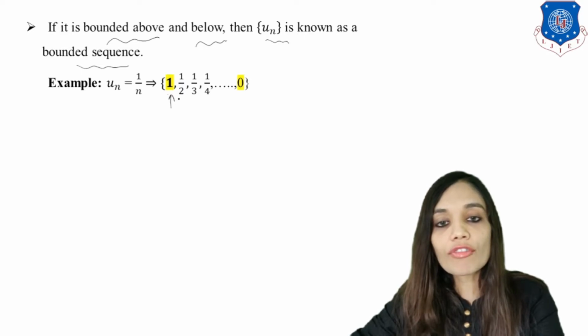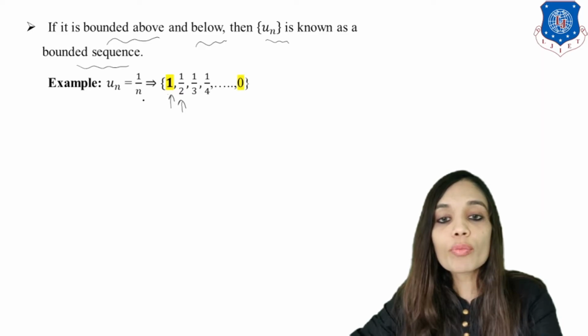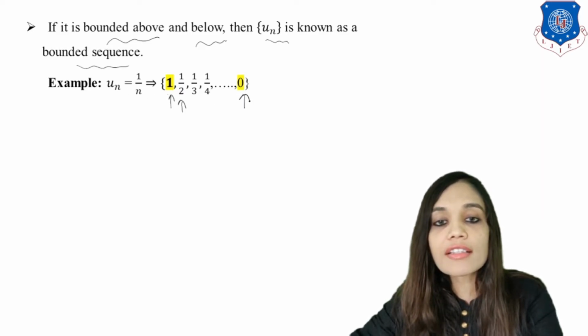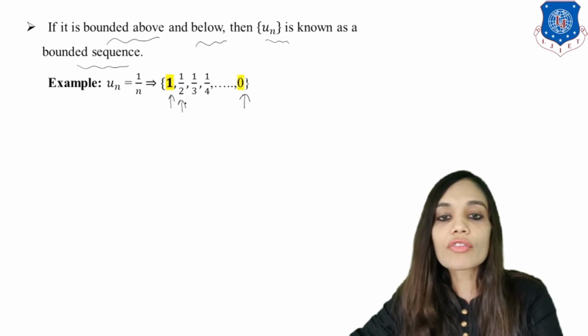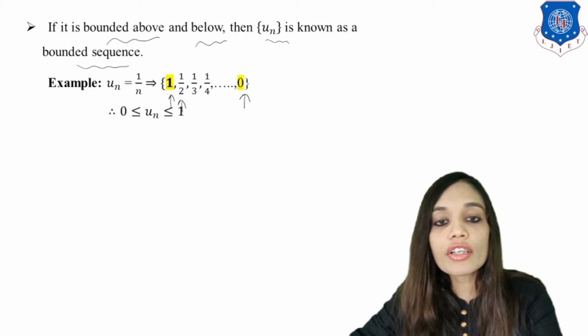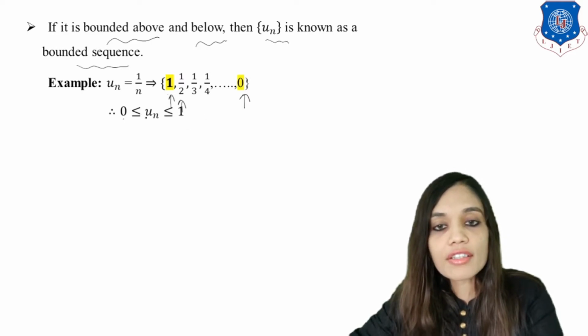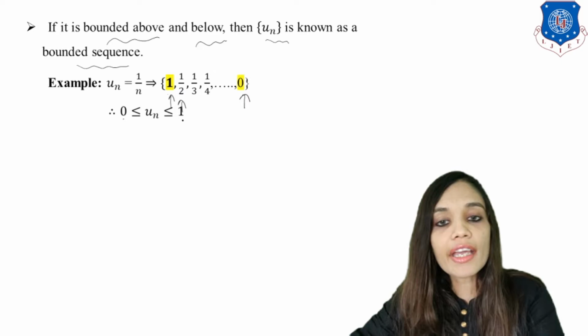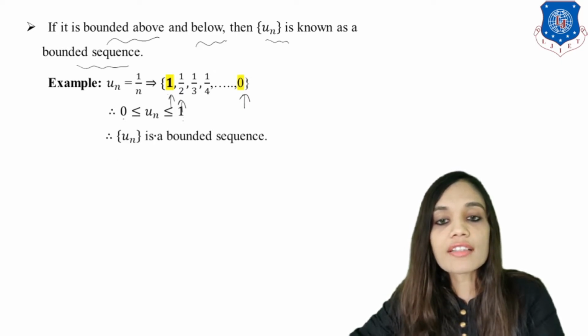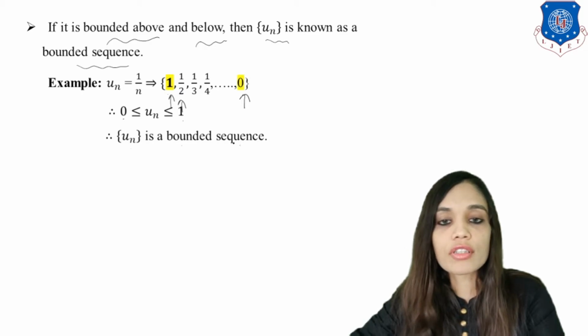If you put n is equal to 2, you will get answer 1 upon 2 and so on. If you put n tends to infinity, then you will get your answer as 0. So the given sequence is bounded by what? 0 and 1. That is bounded below by 0 and bounded above by 1. Therefore, we can say that the given sequence is a bounded sequence.